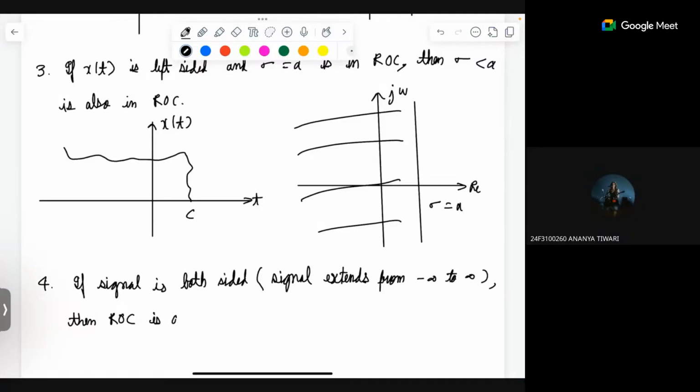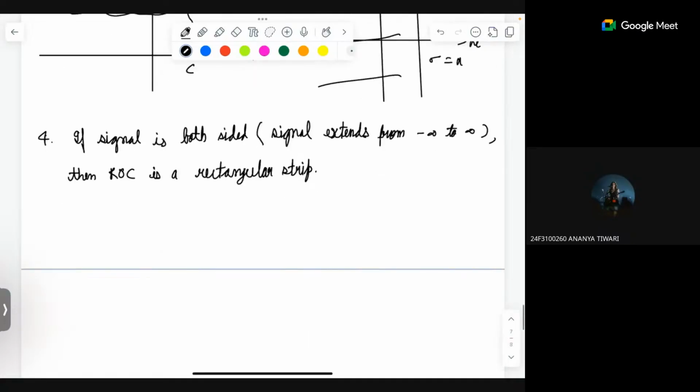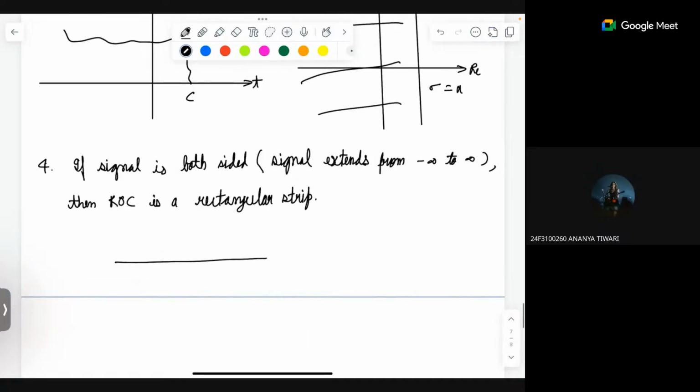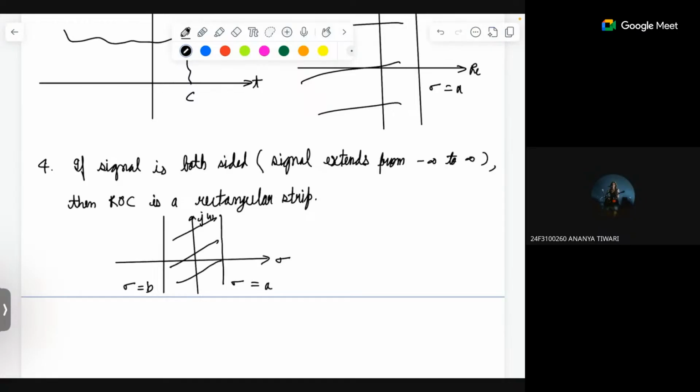Then ROC is a rectangular strip. So I will show you the ROC here. This is my S plane. Suppose this is sigma equal to A, sigma equal to B. So if my signal is both sided, that is it extends from minus infinity to infinity, then ROC will be a rectangular strip like this.